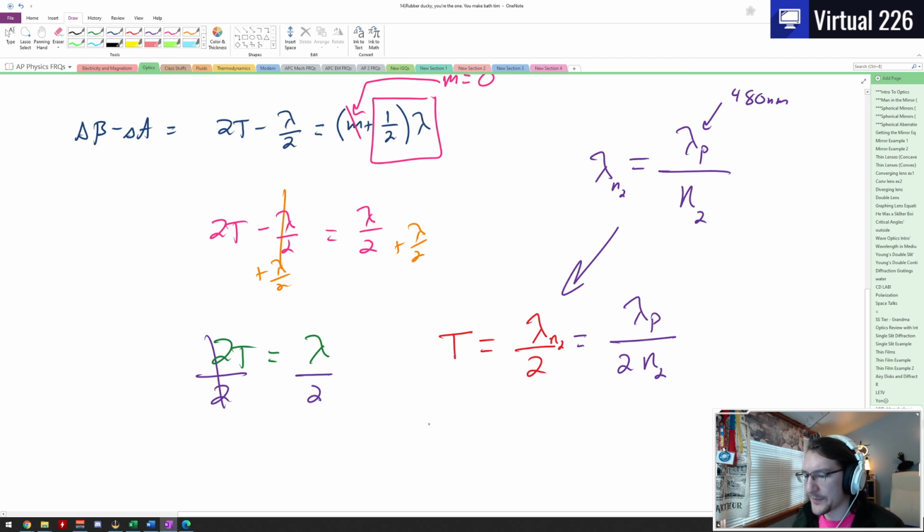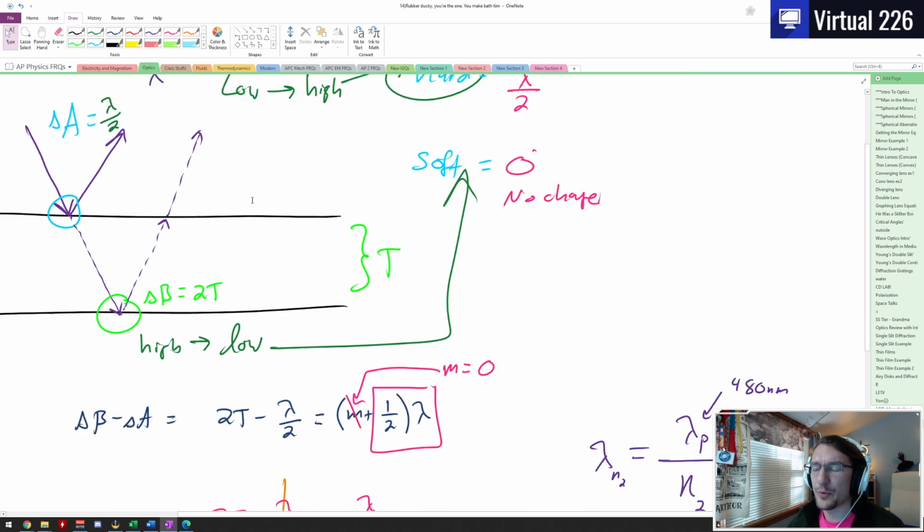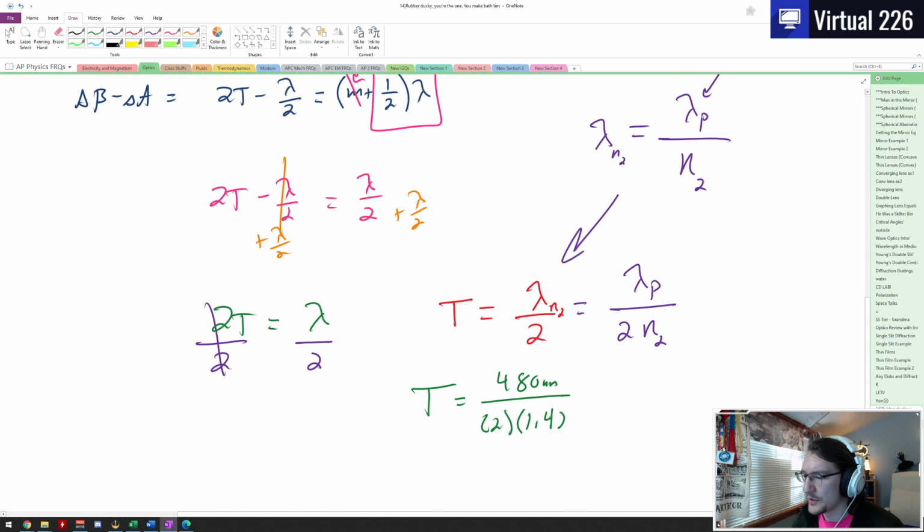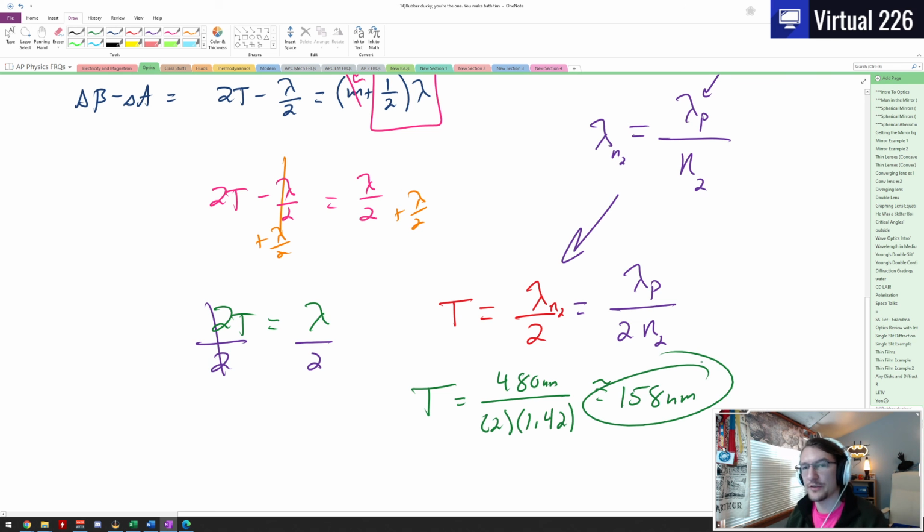And to give Ernie a number, we find the thickness is equal to 480 nanometers divided by the quantity 2 times 1.42. If we run this calculation real quick, we get something around 158 nanometers. There we go, Ernie. Congratulations. I hope you had fun with the rubber ducky. That's that problem for a thin film. Hope you enjoyed it.